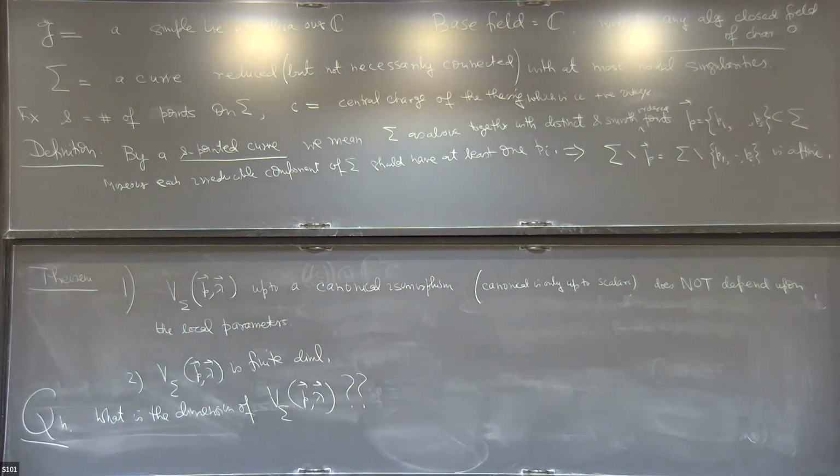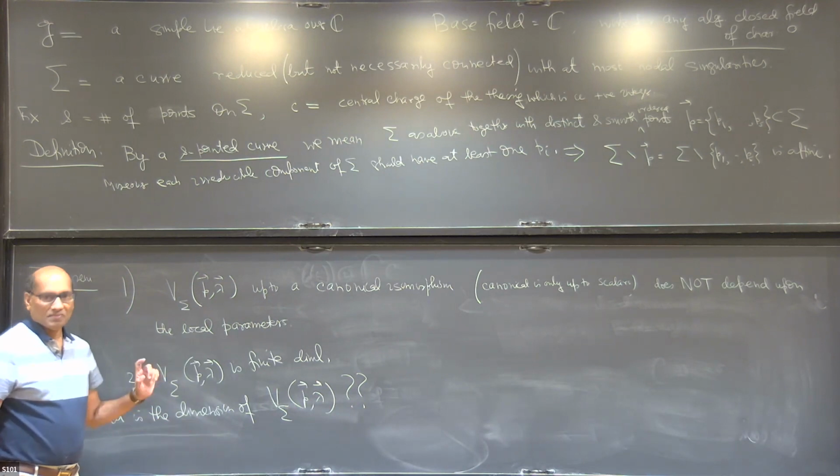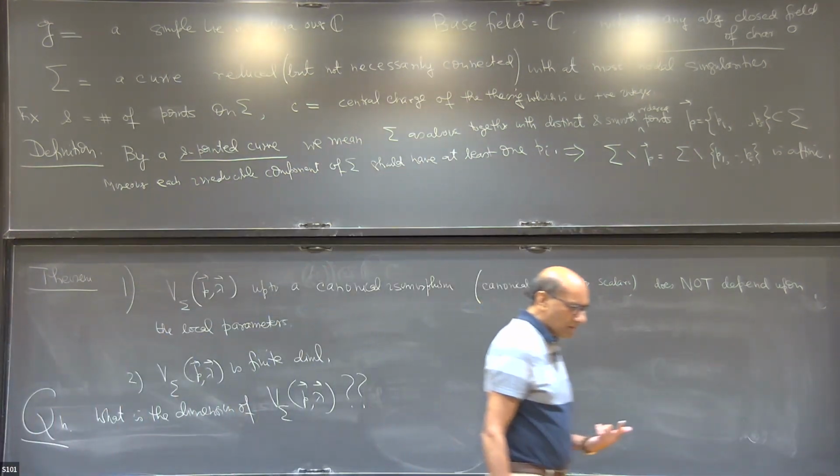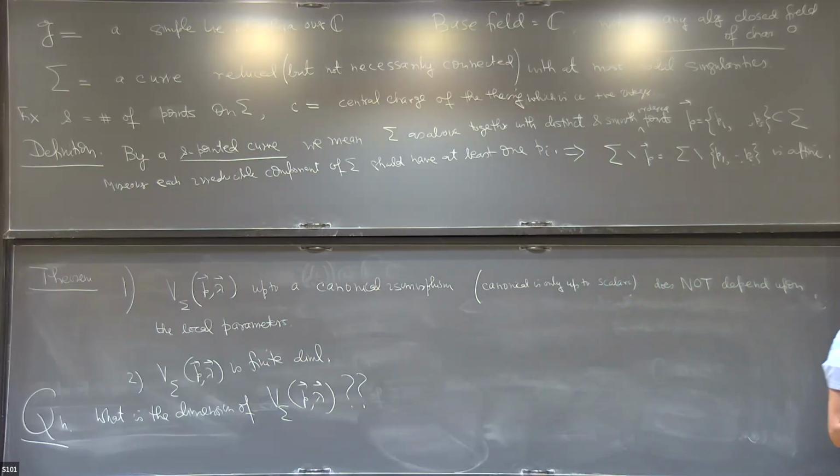And this course is about solving this problem. So that's one aim of this course. And then connect this space with sections on the moduli space of G bundles. So that will be the second part of this course.